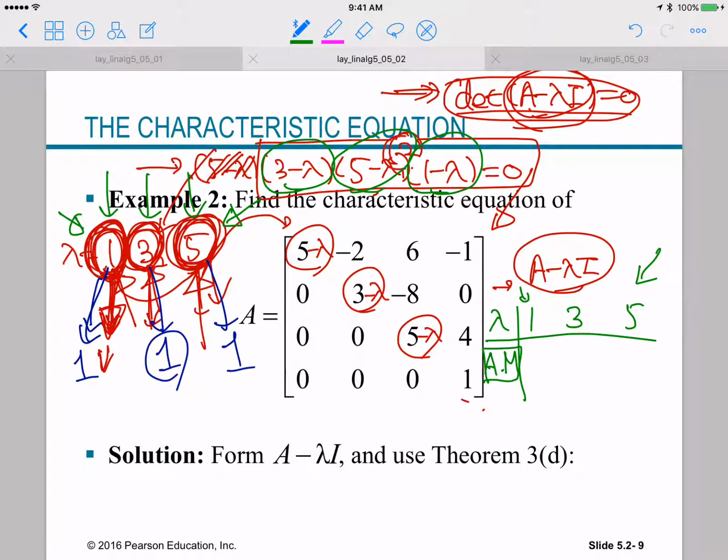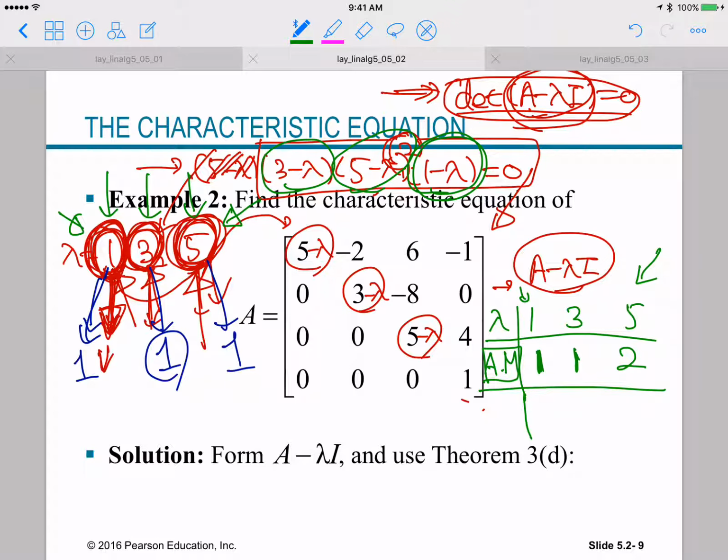This algebraic multiplicity should be at least 1, because we should be able to find at least one eigenvector for this eigenspace, or the null space of A minus lambda I. The algebraic multiplicity can be simply counted: lambda being 1 has multiplicity 1, 3 has 1, and 5 has 2, right?